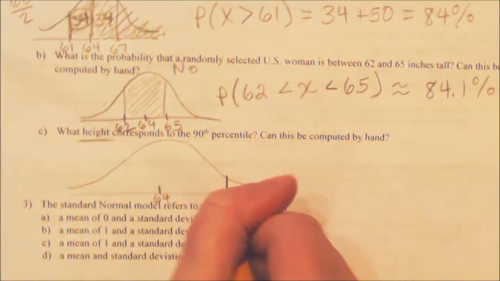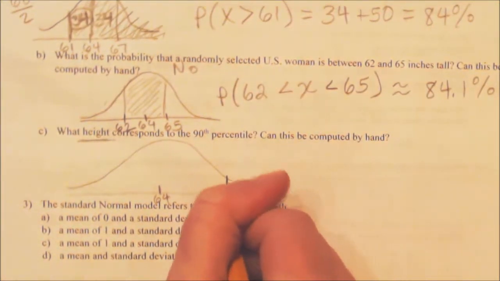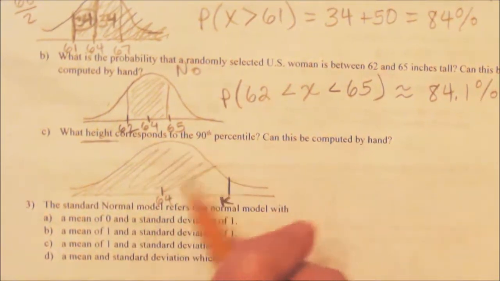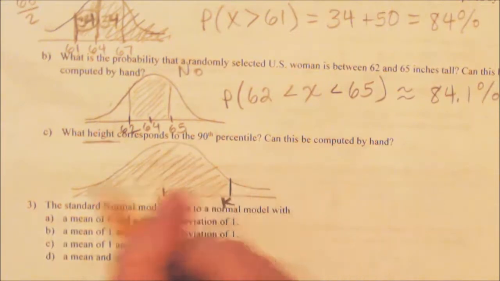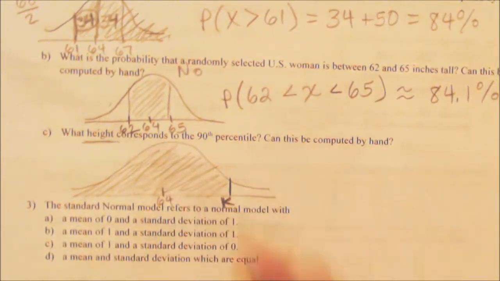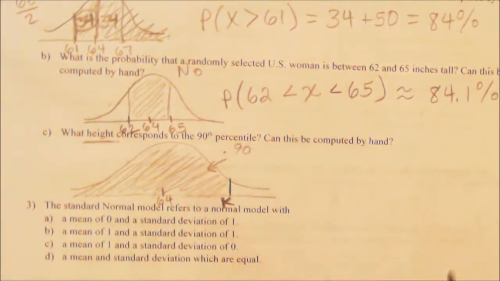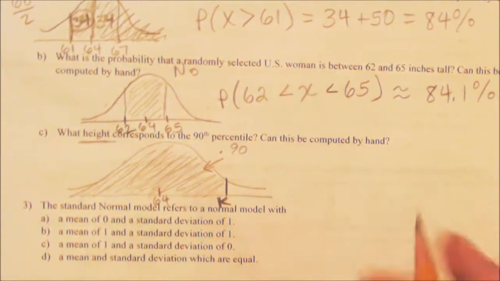I don't know what it is, so I'm going to put K. I think that's what we used the other day in the notes, just to signify that variable. We want 90% of the data to be below that. And since 90% doesn't follow our empirical rule, we're going to have to go into StatCrunch to figure this out.